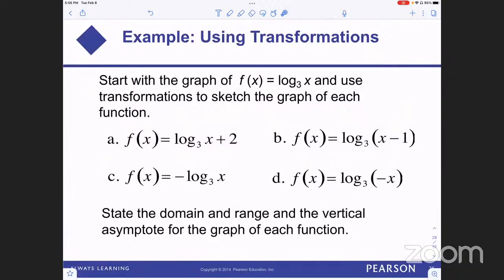So for instance, here we added a 2 on the outside of our base function, right? So outside manipulations generally cause a vertical change. So this should shift it up by 2 units. So instead of passing through the point 1, 0, it should pass through the point 1, 2, right? So we can shift the whole graph up by 2 for the first one.